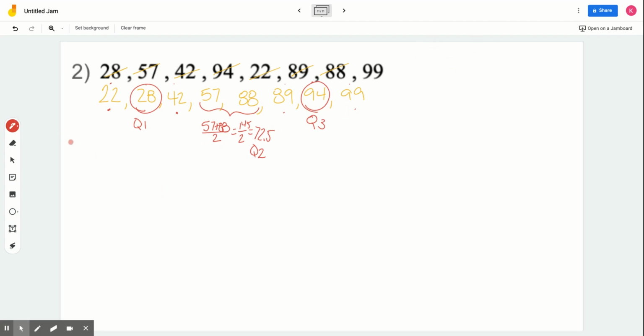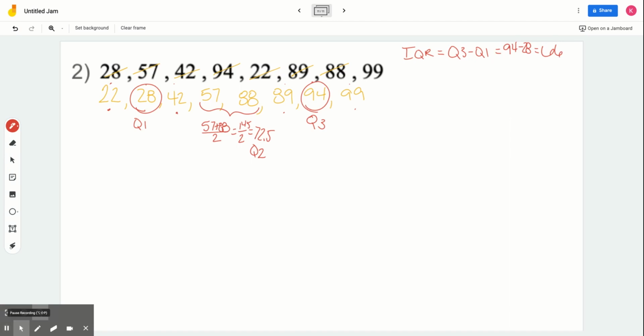We have 28 as quartile 1, 72.5 as quartile 2, and 94 as quartile 3. Now, to find the IQR, we simply subtract Q3 minus Q1, or 94 minus 28, to get 66. So 66 is the IQR.